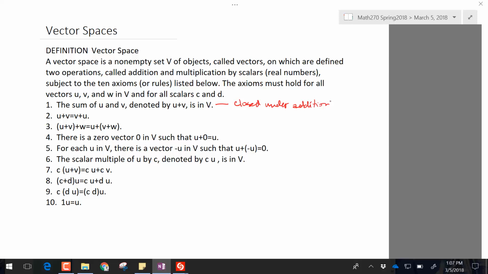Now, the second and third one should be obvious. I mean, not obvious, but we should know the names for them. Commutative under addition and associative under addition. And then there's a special vector that has this property where they call it the additive identity.